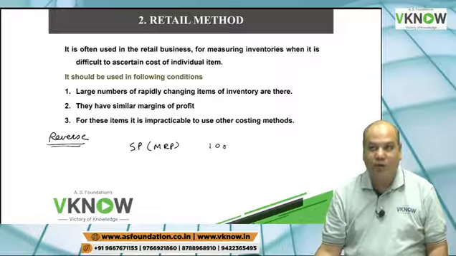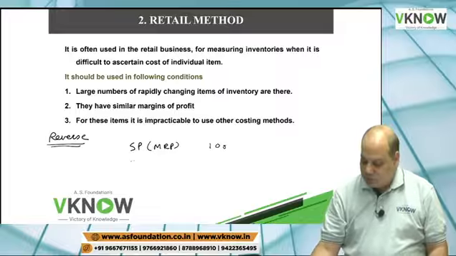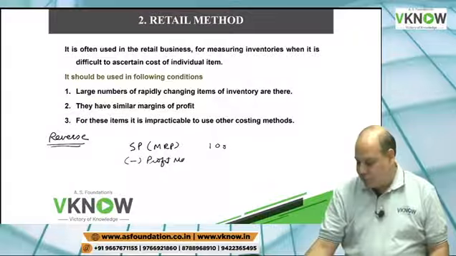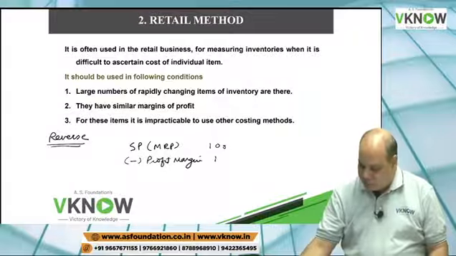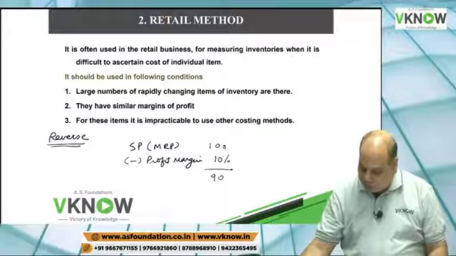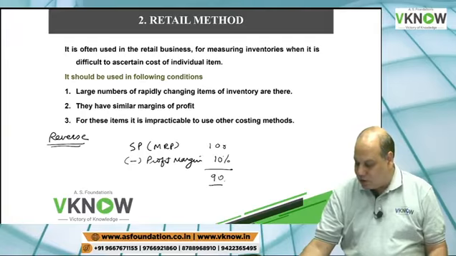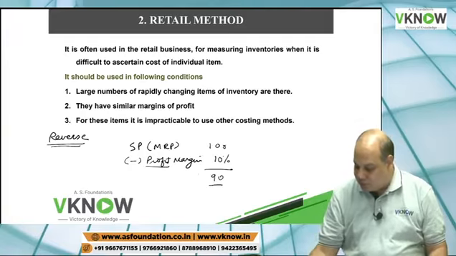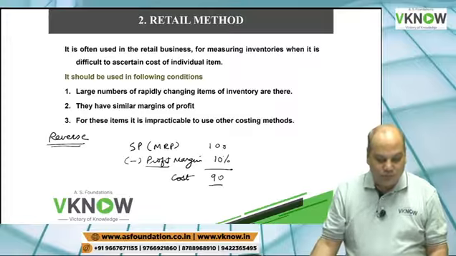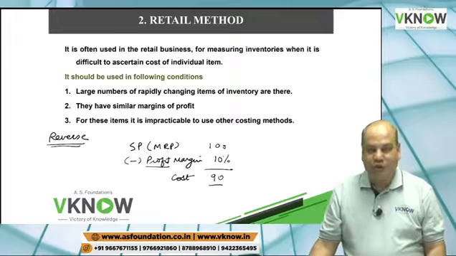Suppose MRP is 100 rupees minus your profit margin. Profit margin is suppose 10%. So school level mathematics, selling price minus profit margin is going to give you the cost.